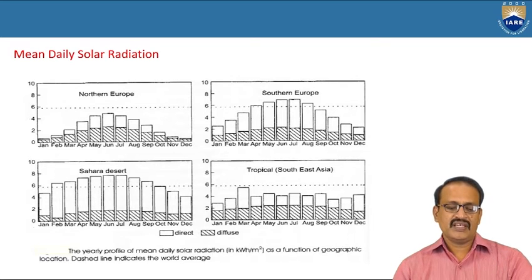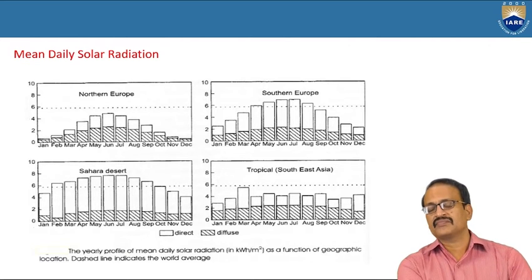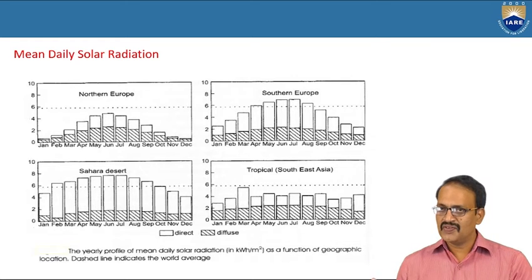If you observe the mean daily solar radiation in Northern Europe, Southern Europe, Southeast Europe, Sahara Desert and Southeast Asia, you can observe how much direct ray energy you are getting and how much diffused rays you are getting.